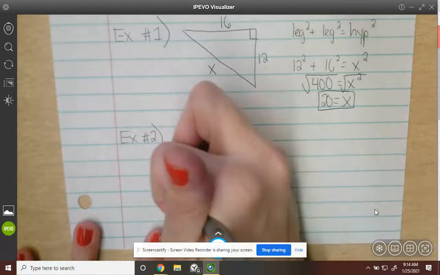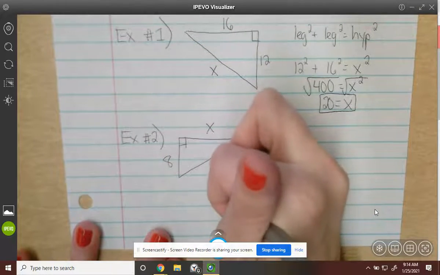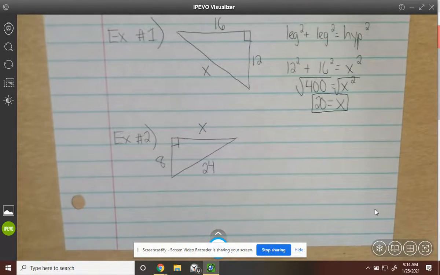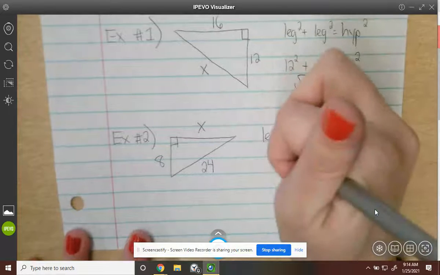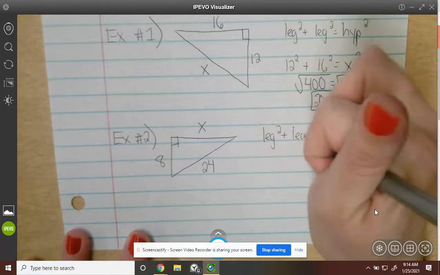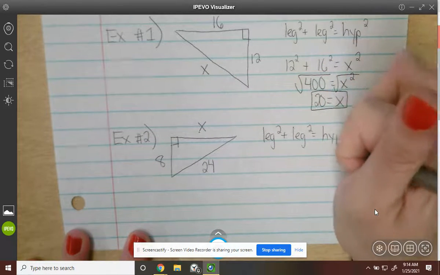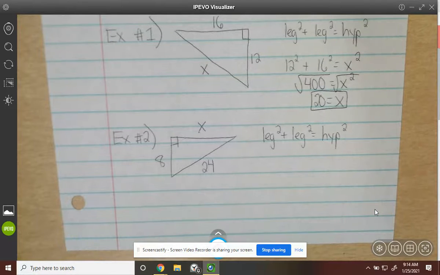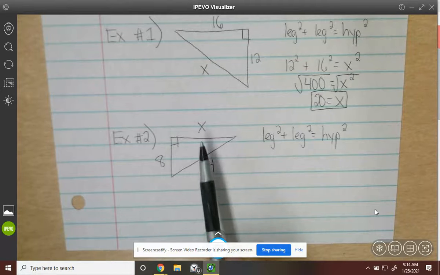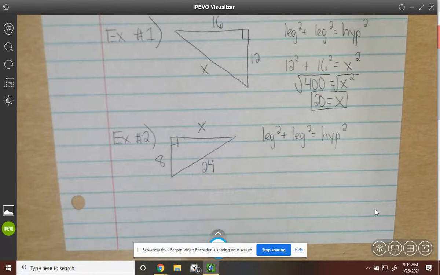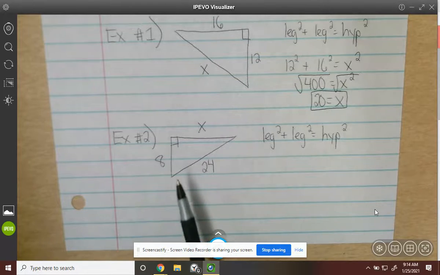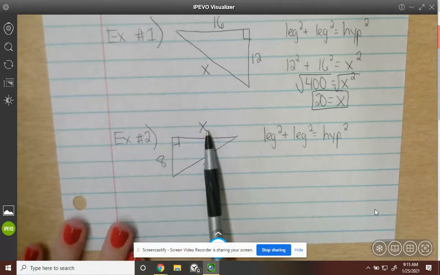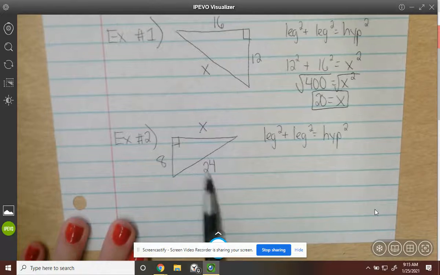Let's do this one as 8, this one is x, and this one is 24. Set up your equation. This time, what do I not know? Hypotenuse or leg? I'm missing one of my legs, because this is my hypotenuse.